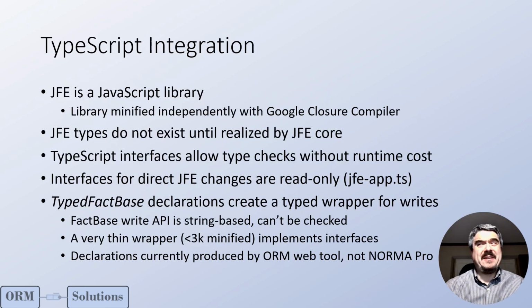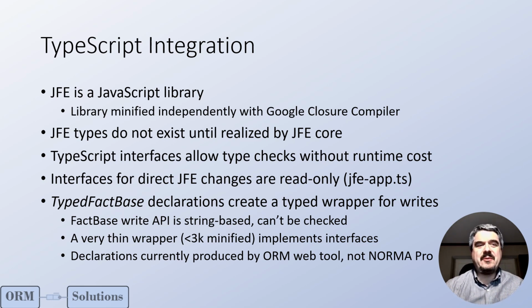So I started this a long time ago, long before TypeScript was thought of. JFE is very much a JavaScript library. And even when you're using it in a TypeScript system, I minify it independently with the Google Closure compiler. You get a minified form that plugs in as a script into your TypeScript. That's not going to change.